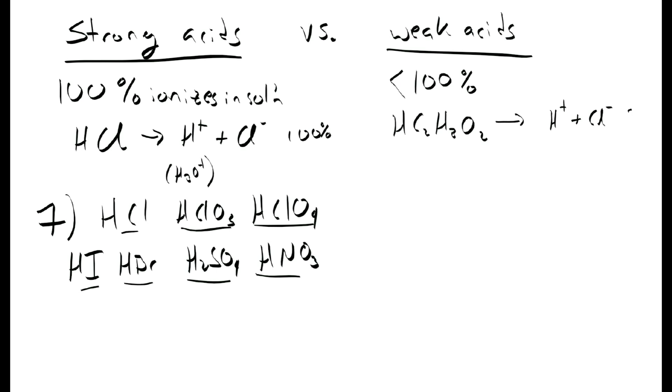That's something like, it's not particularly clear, that's something like 4%. So way, way less. Any acid that's not a strong acid is a weak acid. It's going to have less than 100% ionization. That's the definition I want you to focus on.